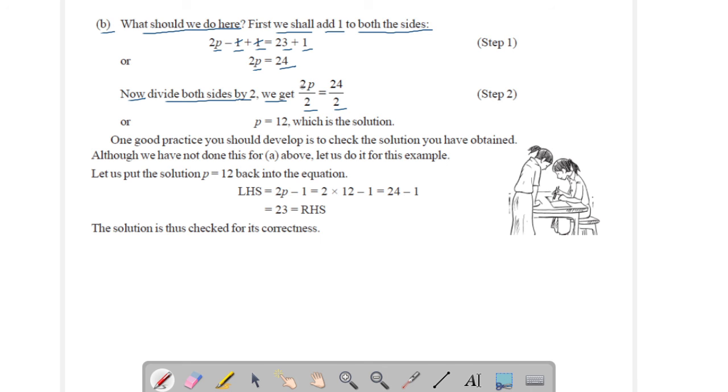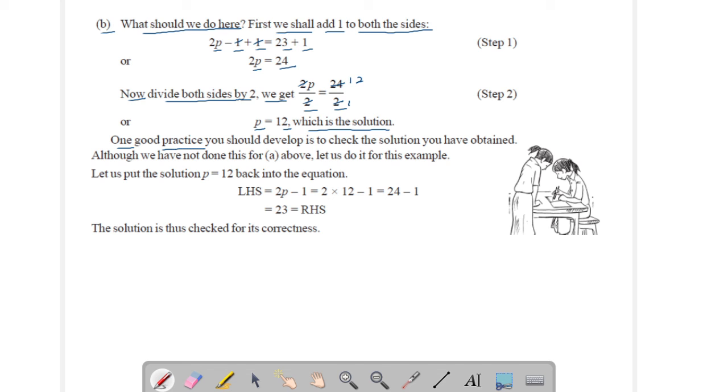Here 2 is cancelled by 2. What is left? P. And here 24 divided by 2, 2 ones are 2 and 2 twelves are 24. So p equal to 12, which is the solution.